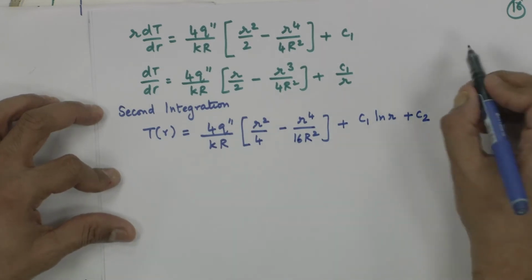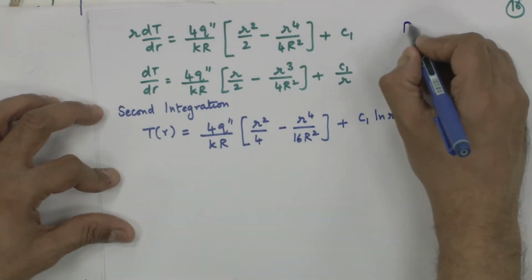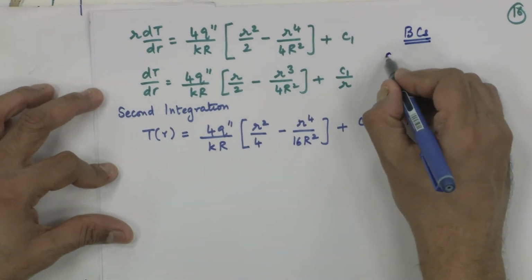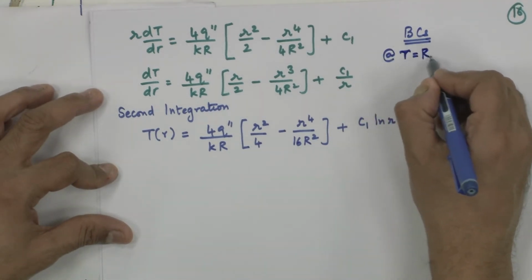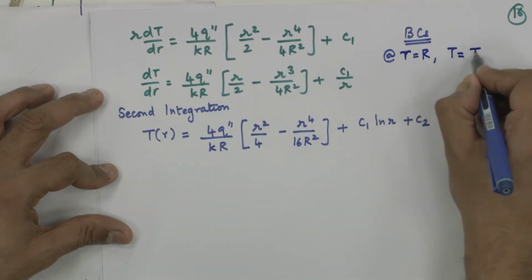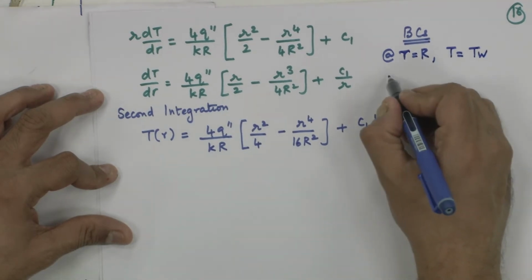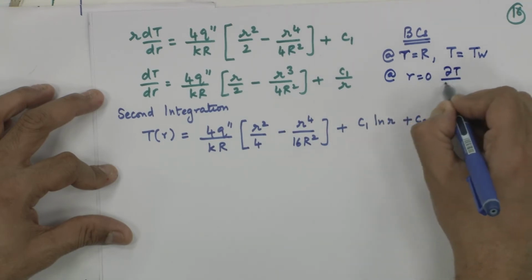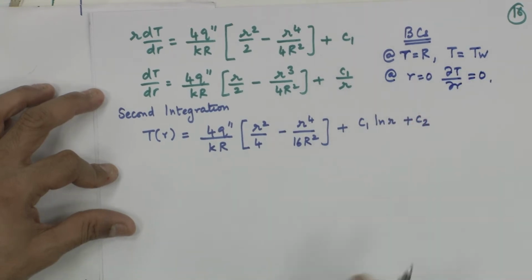Okay. So, two unknowns, so two boundary conditions, I am going to write them here. Boundary condition 1 is at r equal to capital R, T is equal to T wall, and 2 is at r equal to 0, dT by dr equal to 0.